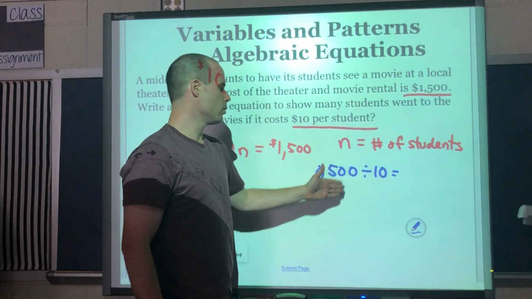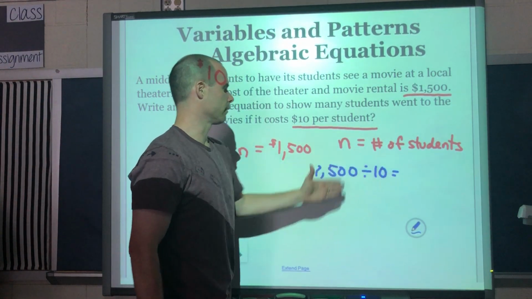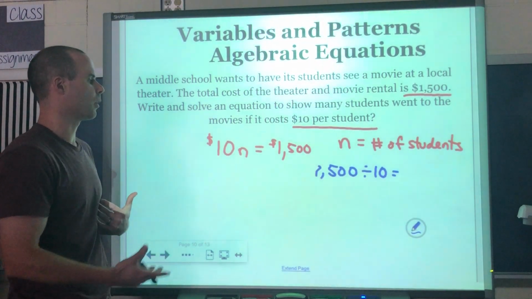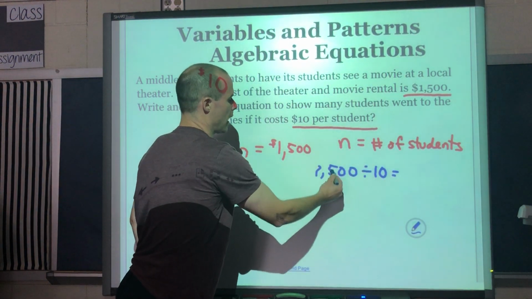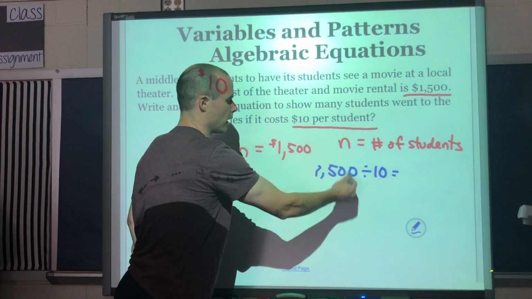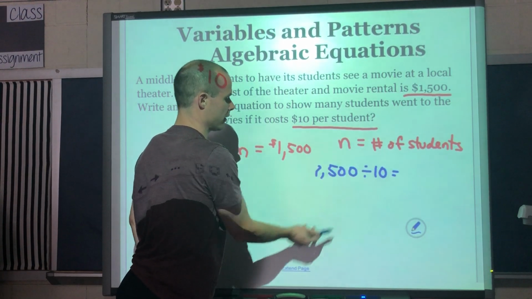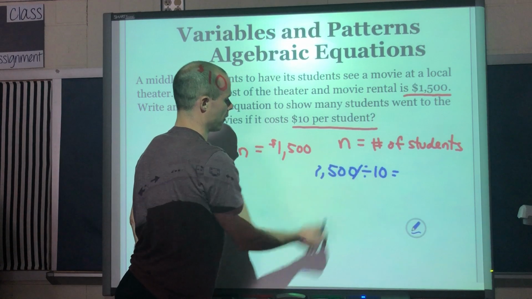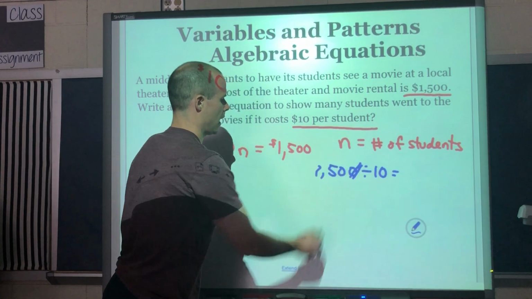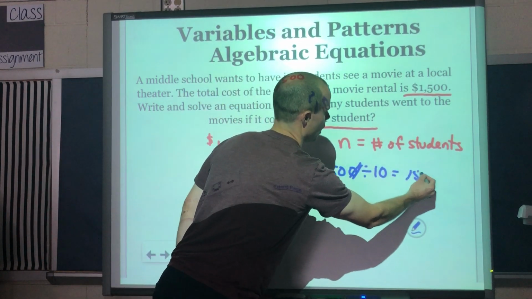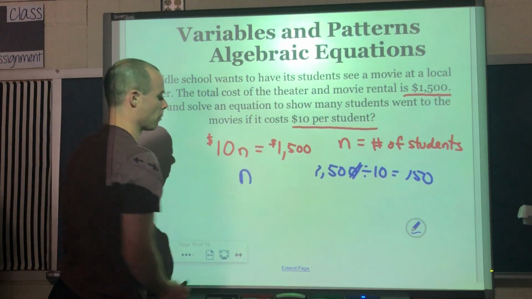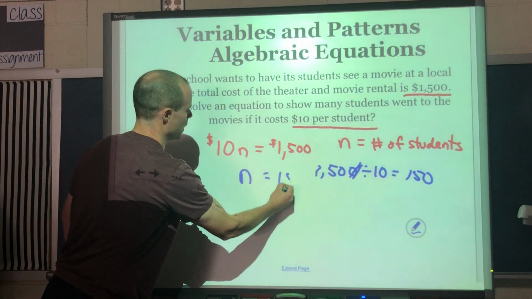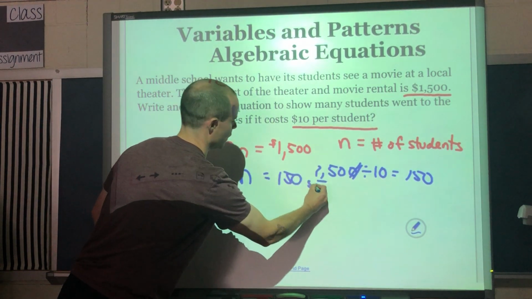And if we use our canceling out zeros or annexing zeros trick, if I'm taking 1,500 and breaking it into groups of 10, we can annex this 0 off of 1,500 and know that it would be 150. So my n, or my number of students, would be 150 students.